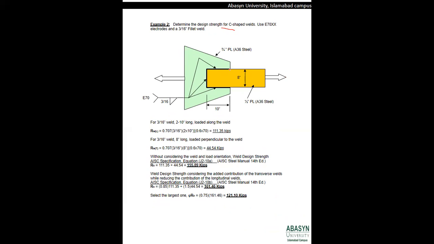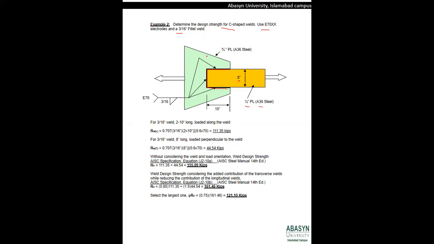We have a weld in the C shape, shown here in dark black lines, and they used E70 electrodes with a thickness of 3/16 inches. The width of the member is given as 8 inches, with a plate thickness of 0.5 inches, and the steel used is A36 steel.